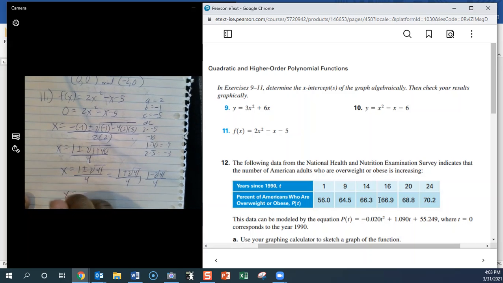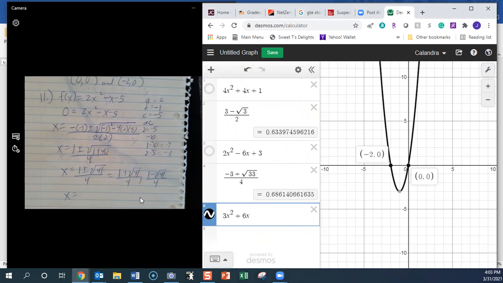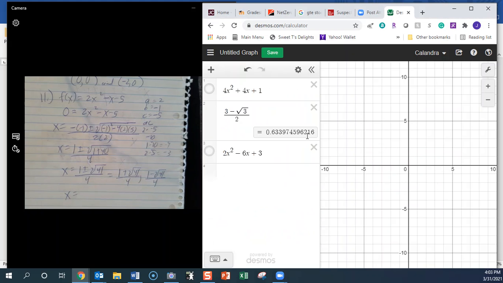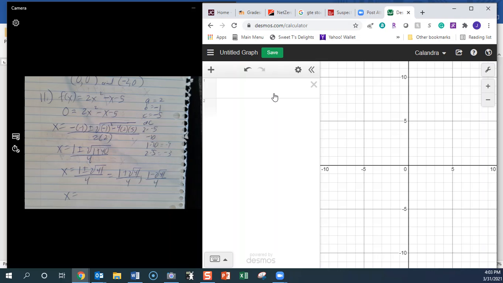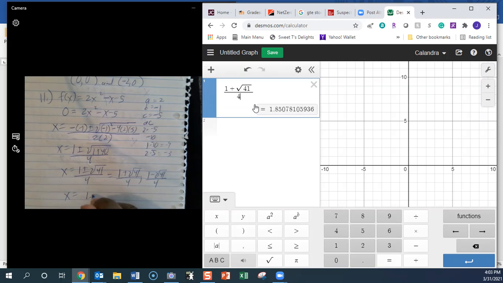So we could have x is equal to, now we could put this in our calculator. Let me just clear up a couple of these first. So putting this in our calculator, we have 1, then I hit the division key to get that fraction. Then we could do plus the square root of 41, all divided by 4. So it'd be 1.85.